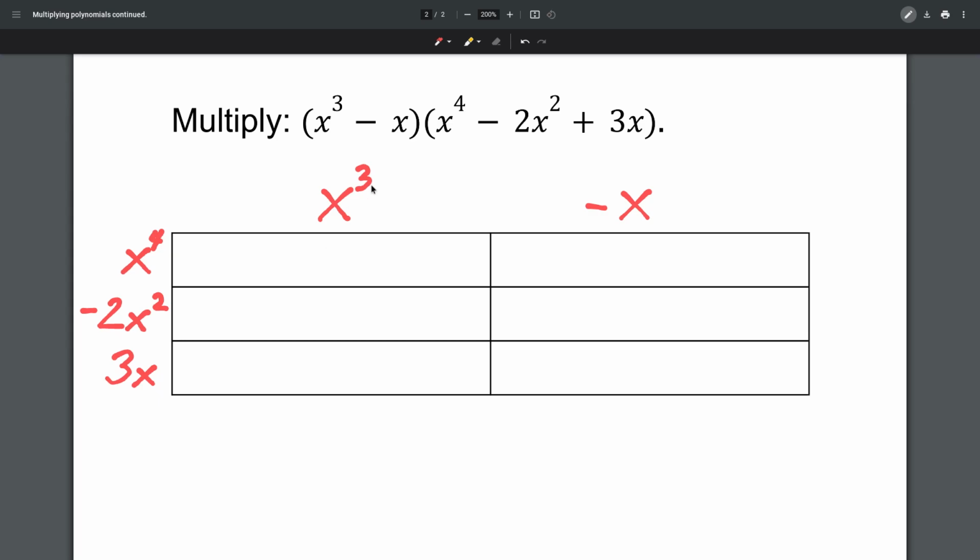So x to the fourth times x cubed, that's going to be x to the seventh power. Then x to the fourth times minus x, that's going to be a minus x to the fifth power, because remember, this has a 1 up here, and we're adding the exponents. Okay, negative 2x squared times x cubed is negative 2x to the fifth.